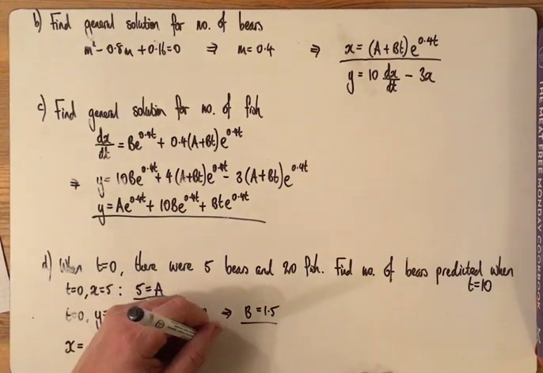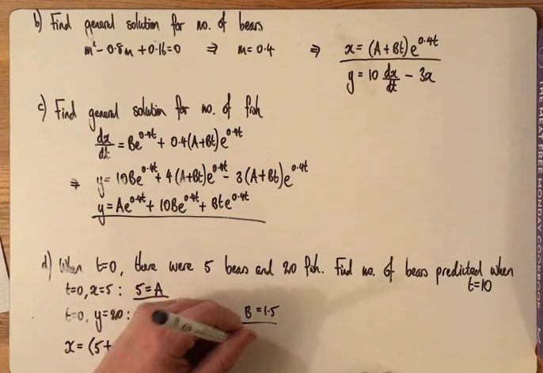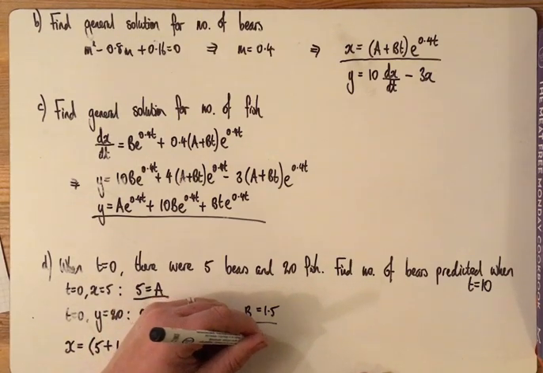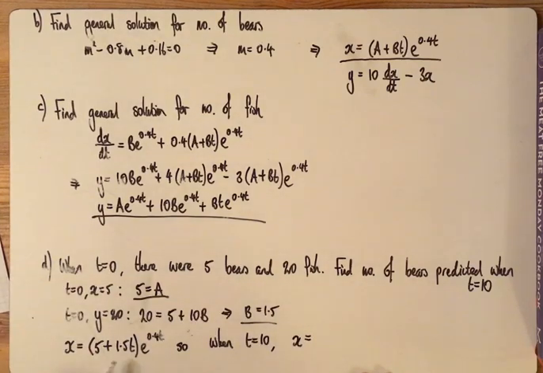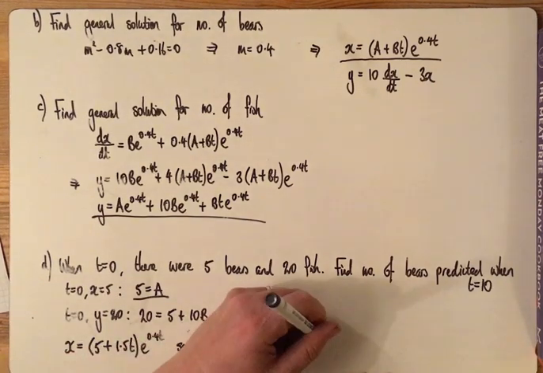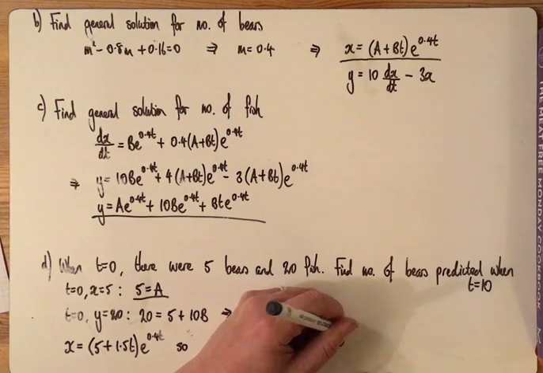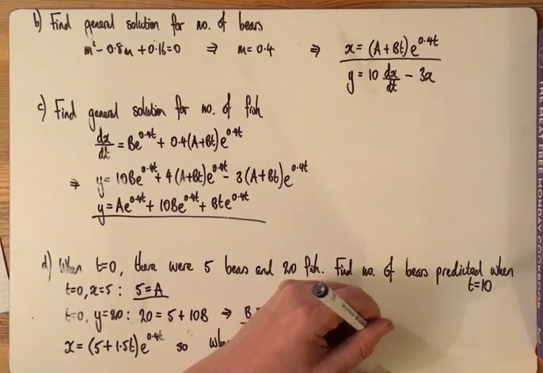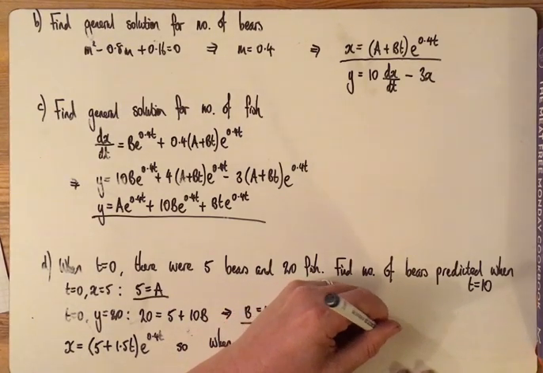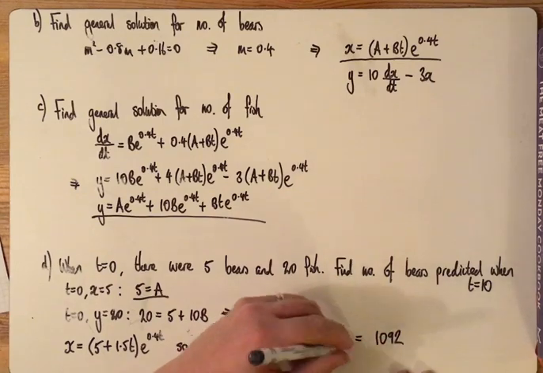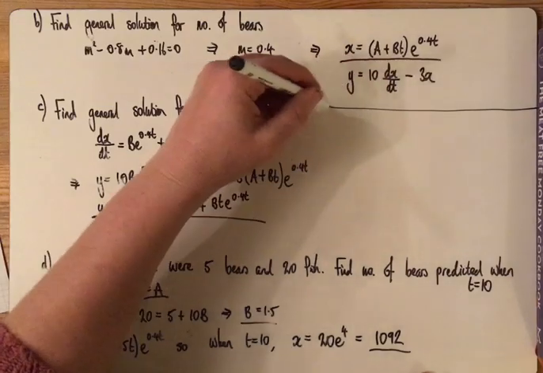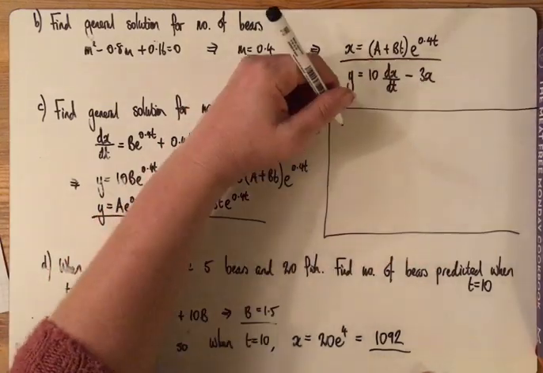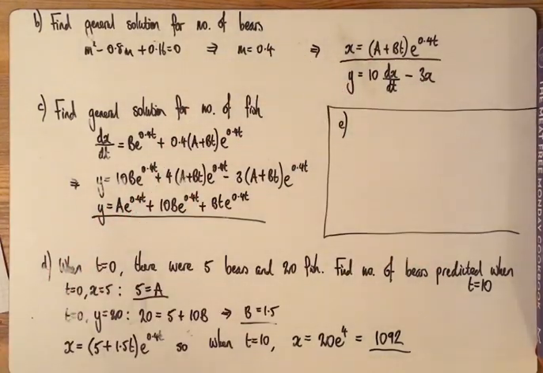When t equals 10, x is equal to 5 plus 15, 20, e to the power 4, which comes out as 1092. And then part E of this question was actually to criticise the model.